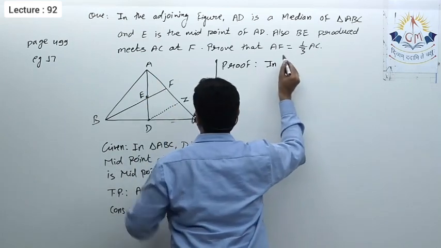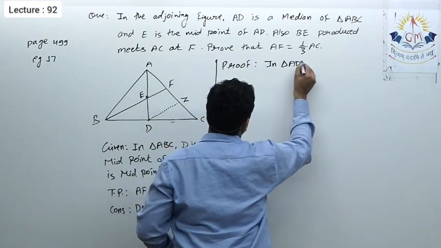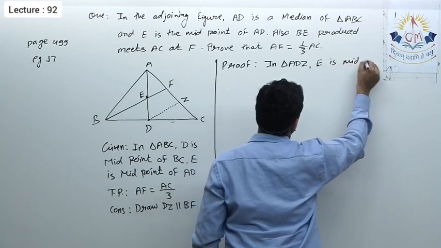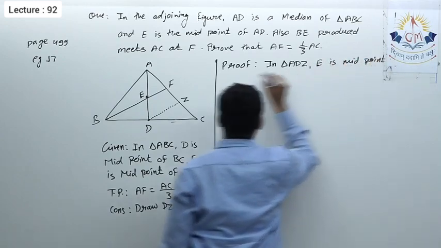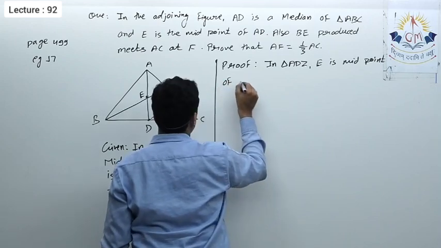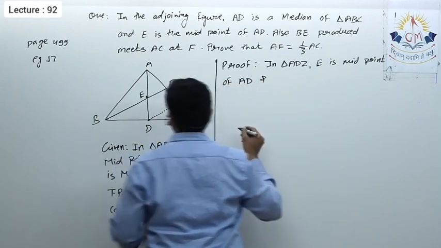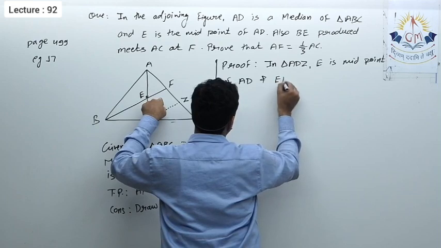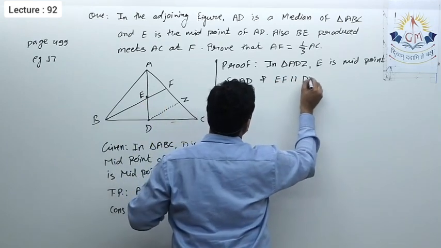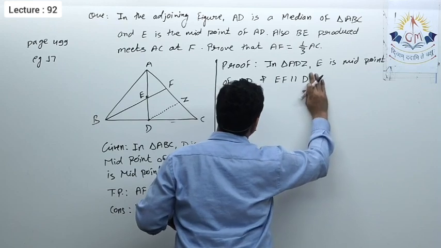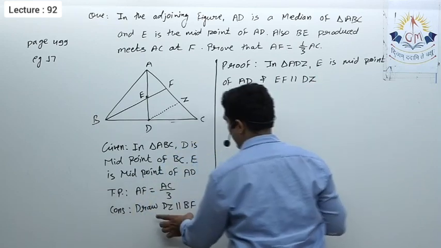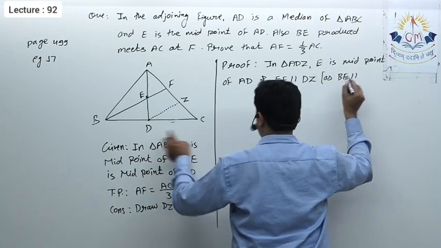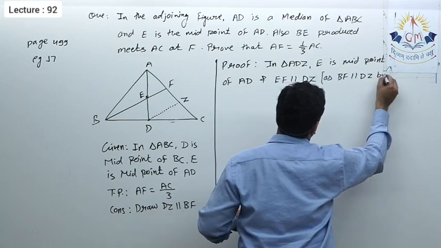In triangle ADZ, E is the midpoint of AD, and F is the midpoint, and EF is parallel to DZ. How do we get this information, that BF is parallel to DZ? That is by construction.